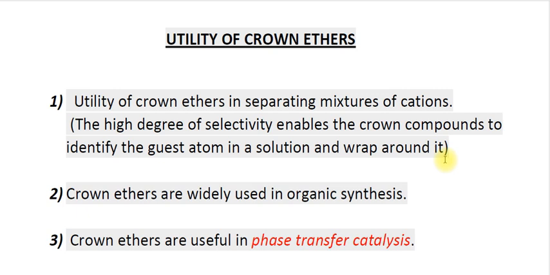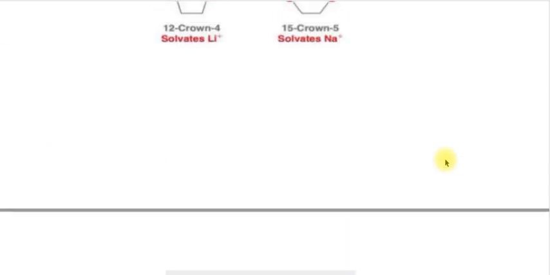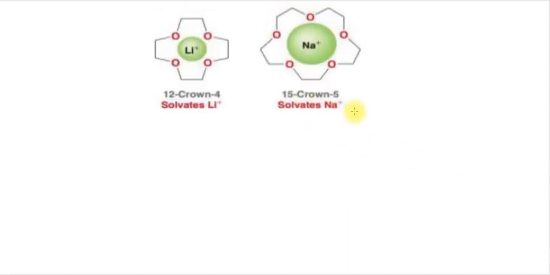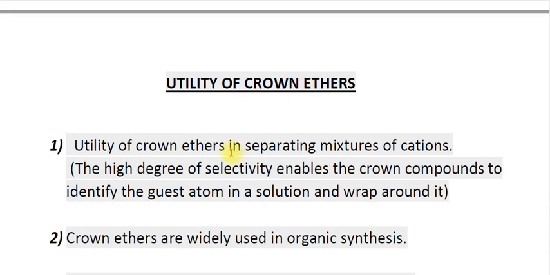Using the crown ether, we can separate certain cations from the solutions. If we take 15 crown 5, that host binds with a particular guest, that means Na+. Therefore, we can separate that cation.